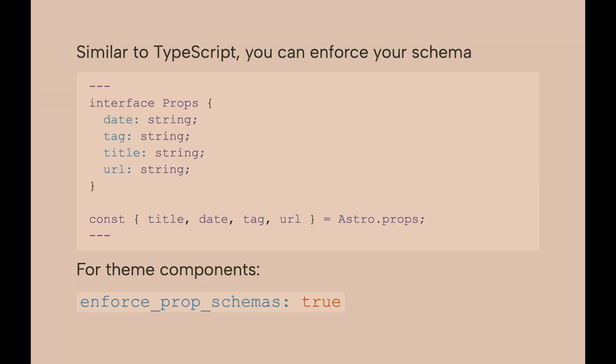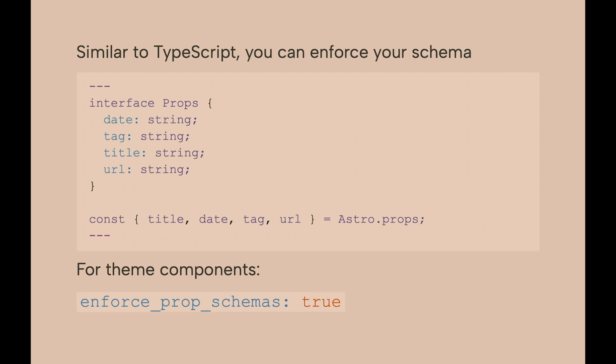The other piece of the puzzle here, in our prototype component, we use TypeScript to define essentially the schema of the component, and single directory components can do the same thing. Because we have the schema in the YAML file, we can validate against it. And I think the rule is that you have to have a schema, and that schema will be validated if your single directory component is in a module.